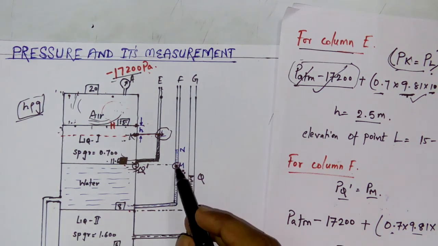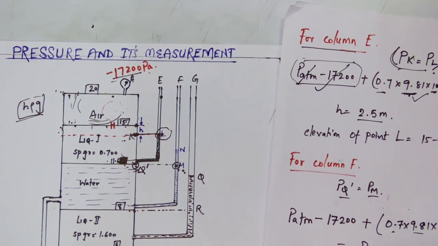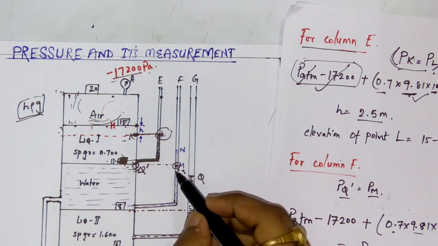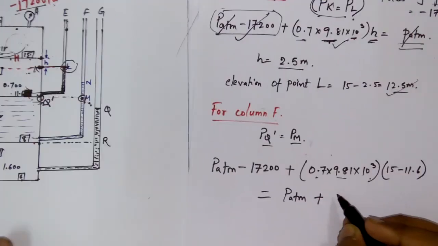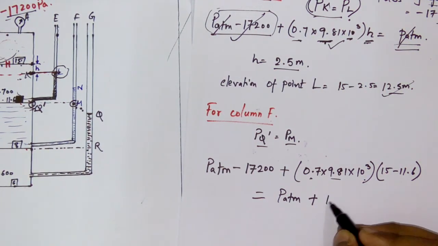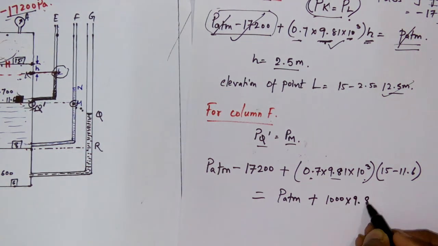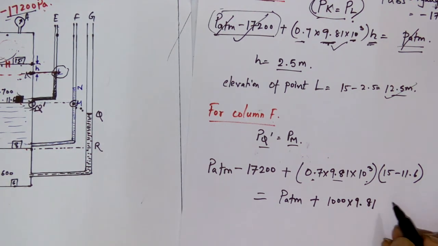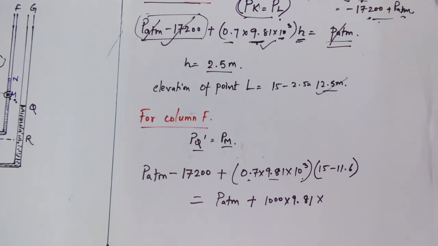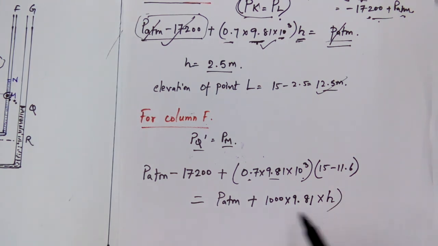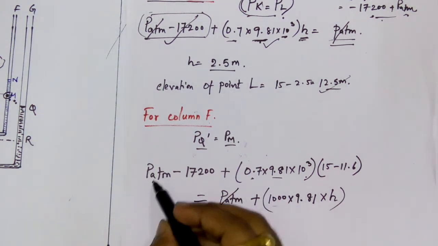And what is the pressure at M? The pressure at M is P ATM, the atmospheric pressure from above, plus this rho g h, that means the pressure due to this liquid column from N to M. The density of water is 1000, into 9.81, into H. So P ATM cancels out.